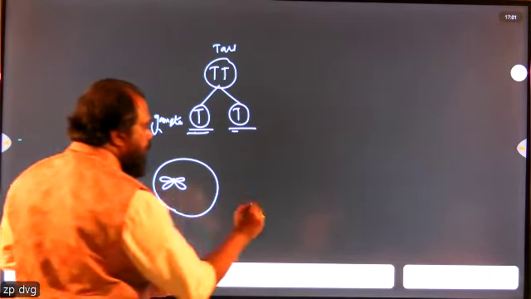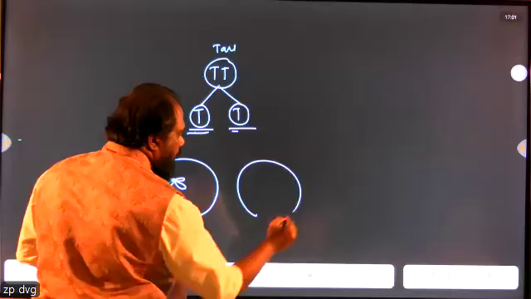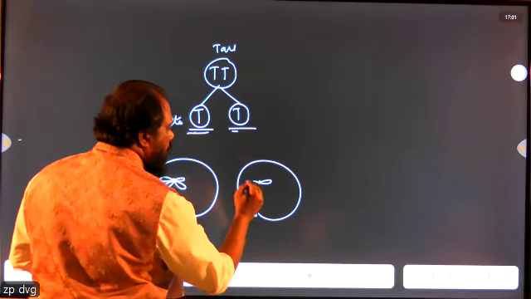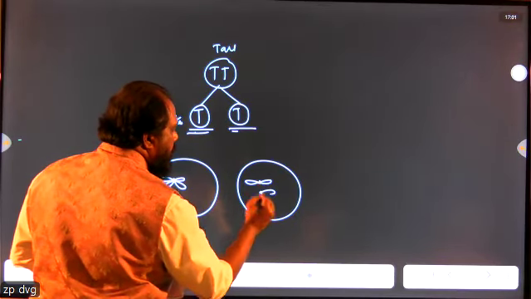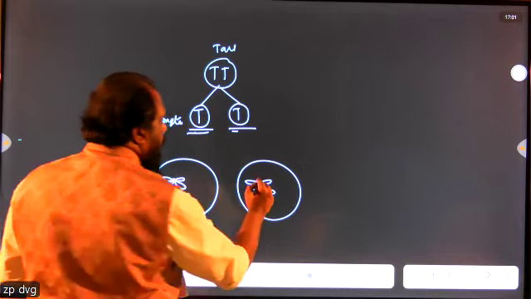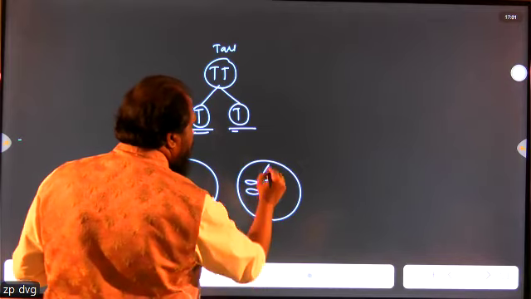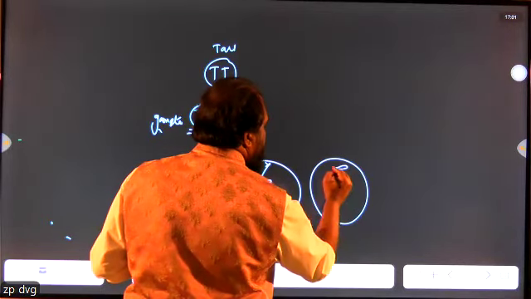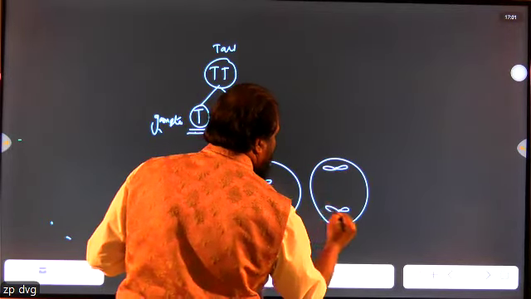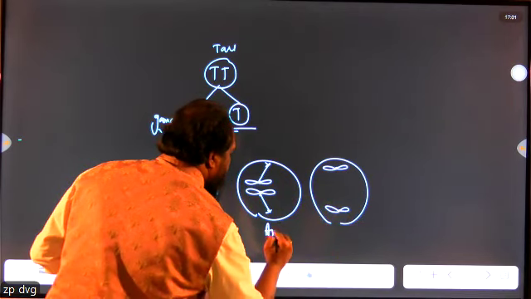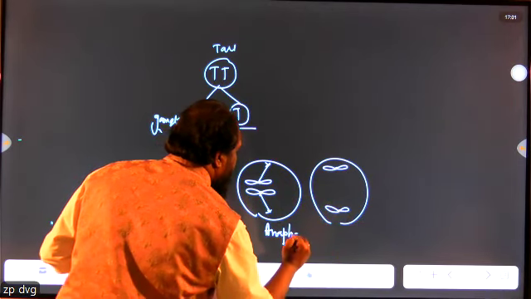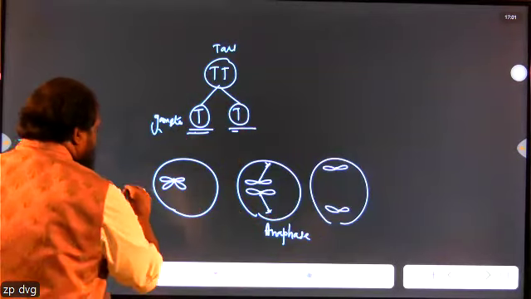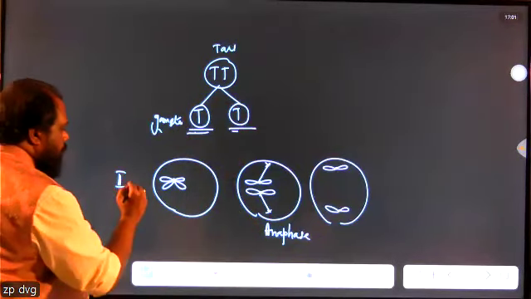The chromatids split. Sister chromatids are formed, and due to the spindle, sister chromatids move to the opposite poles. So this is what happens in anaphase. So the second statement is also correct.